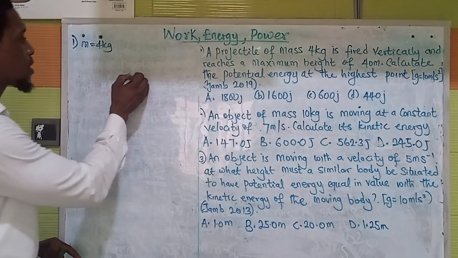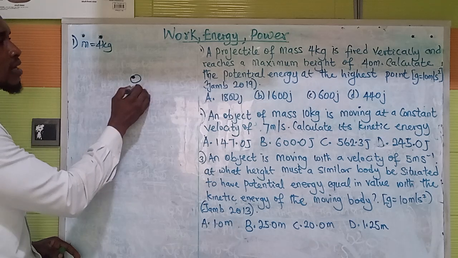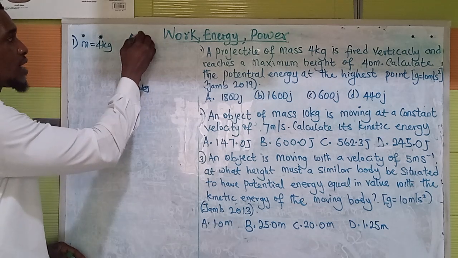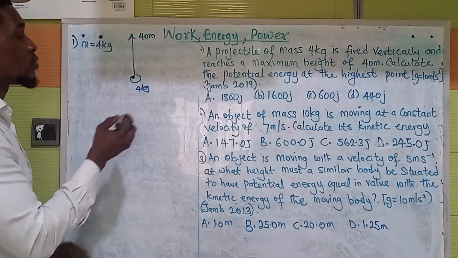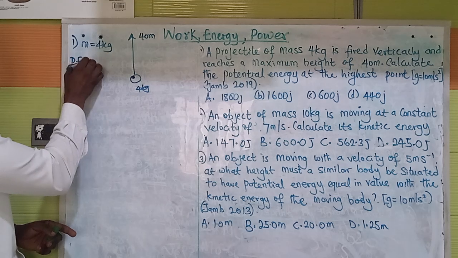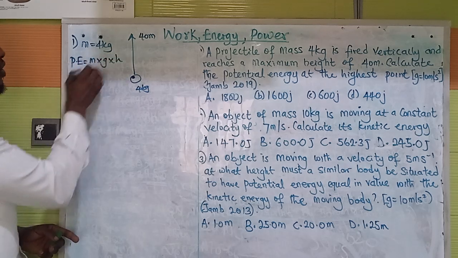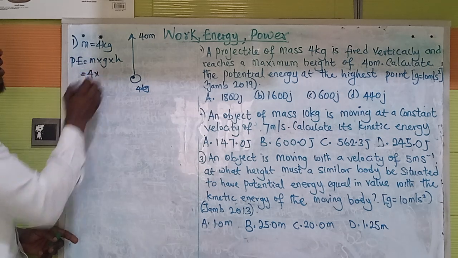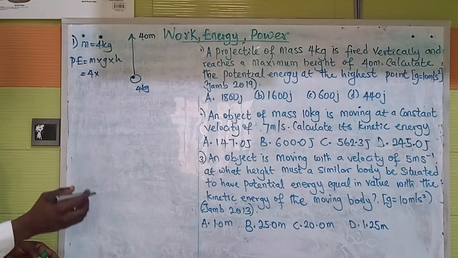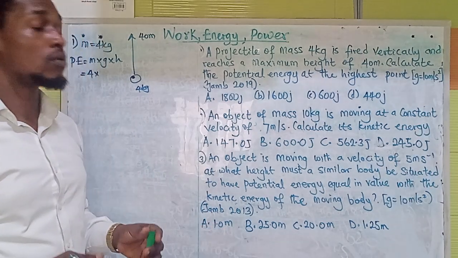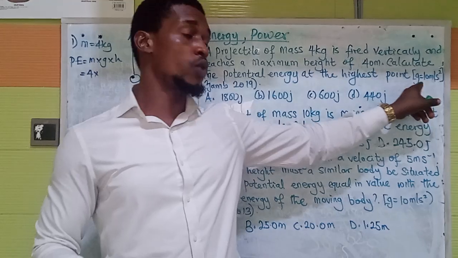So you have an object of mass 4 kg, fired up, and it reaches a height of 40 meters. So potential energy is equal to m times g times h. So this becomes 4 times g, the acceleration due to gravity, which is usually 10 meters per second squared. Most of the time, the g will be given in the question.